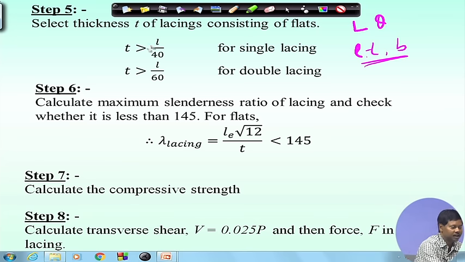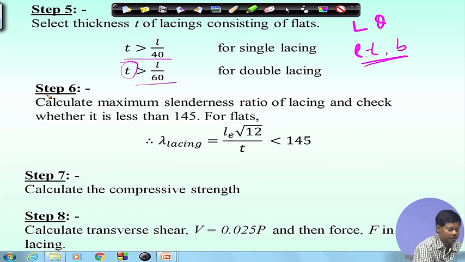So the thickness can be found from this: t should be greater than L by 40, where L is the length of the lacing member, and this is true for single lacing, and for double lacing it will be greater than L by 60. So from this I can find out a suitable thickness of the lacing system.